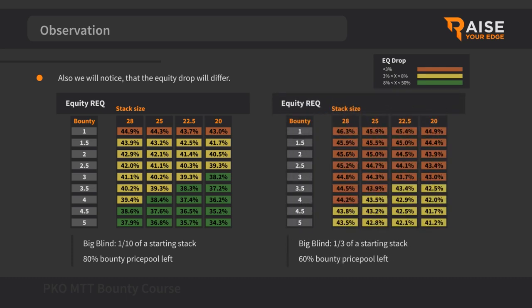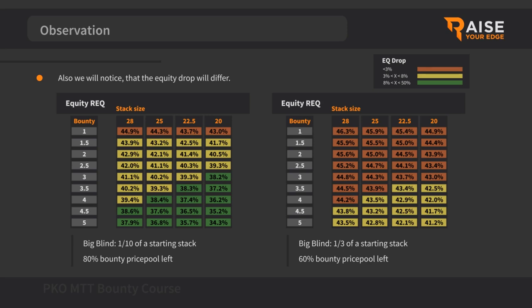And when we compare this again to the scenario where the big blind was 1/3 of a starting stack, so the stack sizes are effectively the same, but the amount of chips compared to the starting stack is way higher, then we will see that the equity drop will change drastically. So for the same amount of bounties and same amount of effective stack sizes, you now have a huge area where the equity drop is actually below 3% and the rest of the area is in between 3 and 8% equity drop.